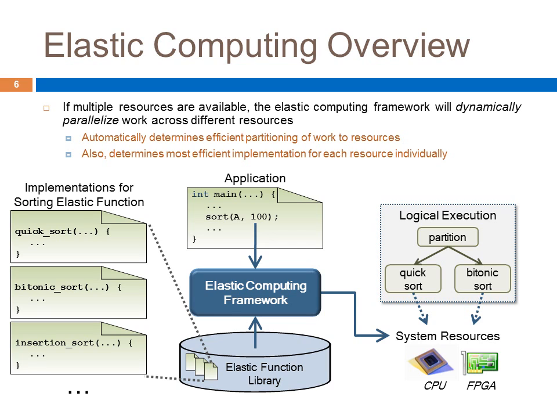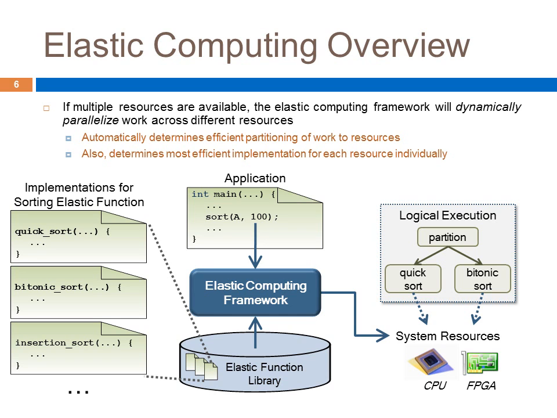So it's going to do a quicksort on the CPU, a bitonic sort on the FPGA. And in addition, it's going to find an effective partitioning of the input to keep the computation load balanced between the resources. So it may provide 90% of the inputs to the FPGA and 10% of the inputs to the CPU in order to maximize speedup.